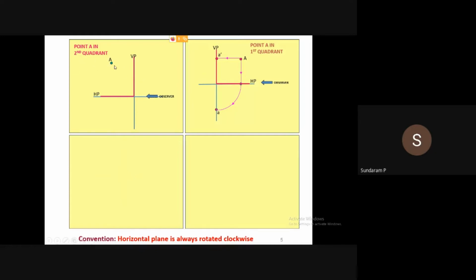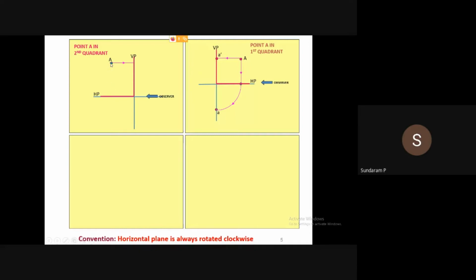When you look at the front view, we get the object on the vertical plane. That distance is nothing but the behind distance. So behind the vertical plane, how much distance? And the above horizontal plane distance.